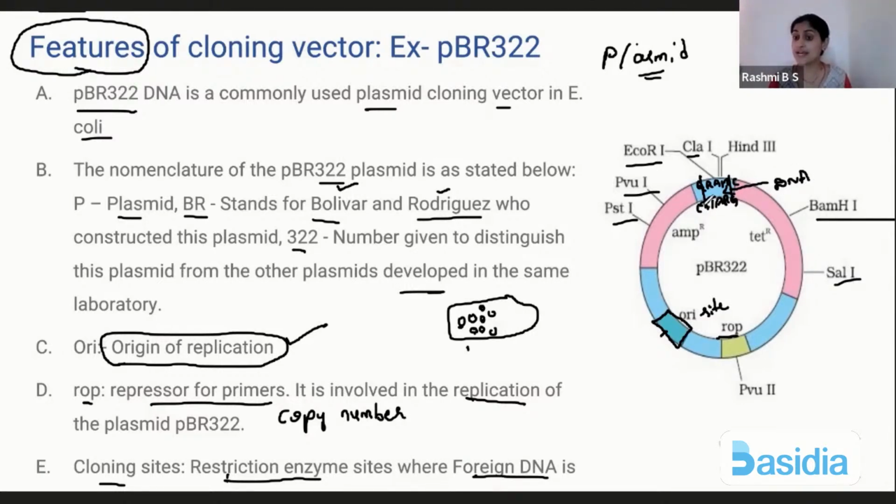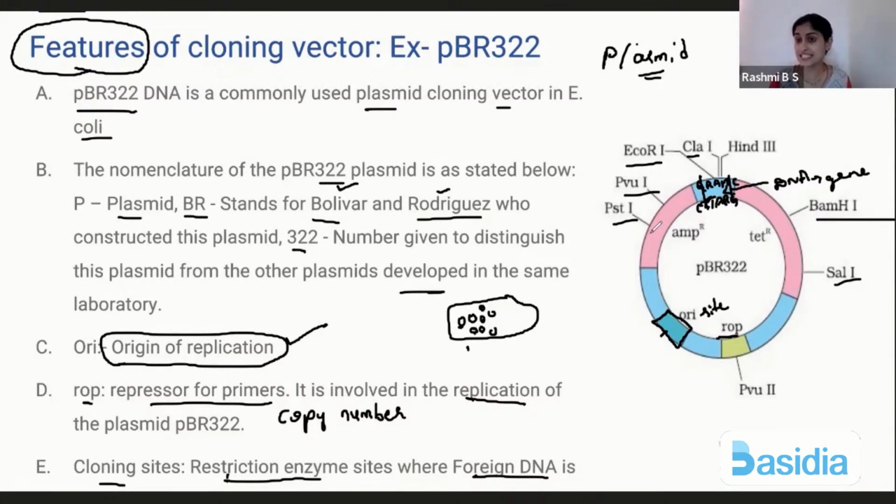Yes, so that's why these are cloning sites, and a plasmid can have more than one type of cloning site. It's your choice which restriction enzyme you use and where you insert the foreign DNA. Say, if you're using EcoR1, then you're inserting your gene of interest at the EcoR1 site.